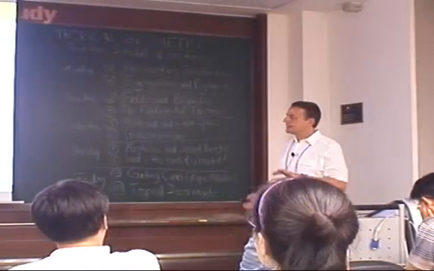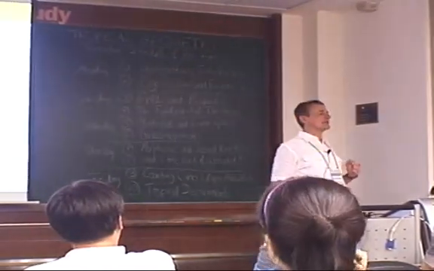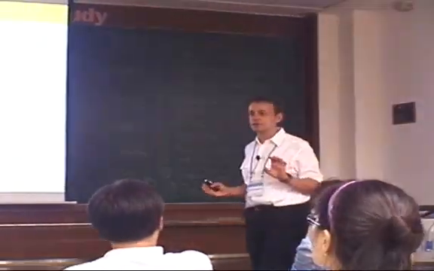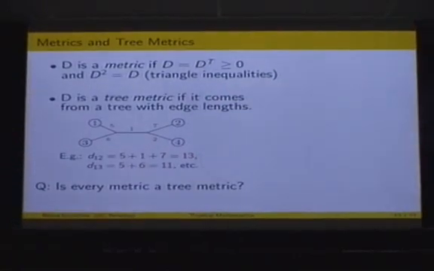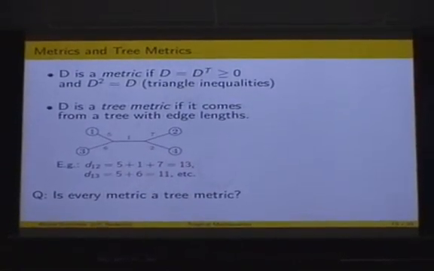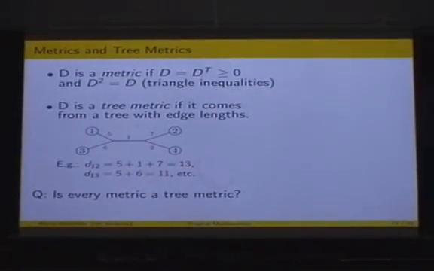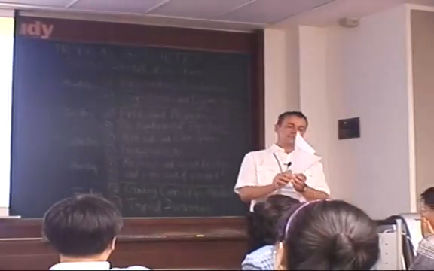You can see that the answer is no by a dimension count in this example. Suppose you have n equals 4. So if you have 4 cities, the space of metrics is a polyhedral cone. It's a 6-dimensional polyhedral cone.